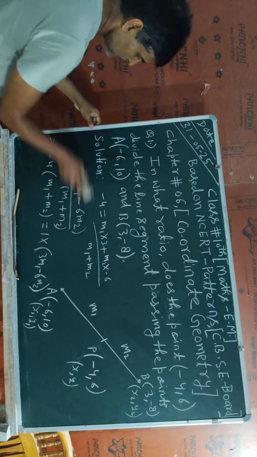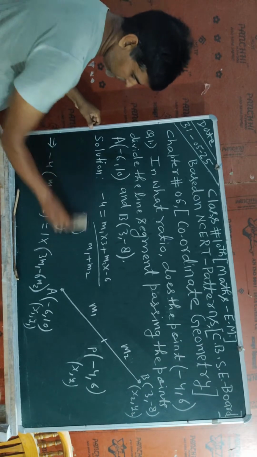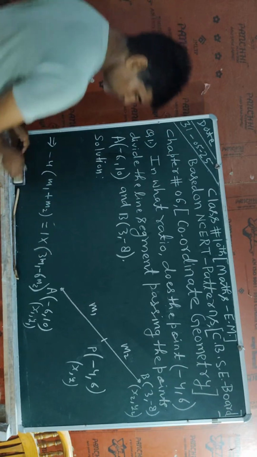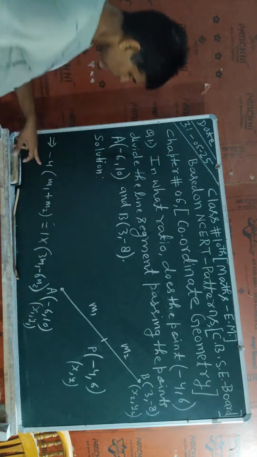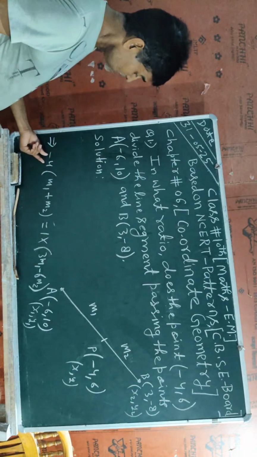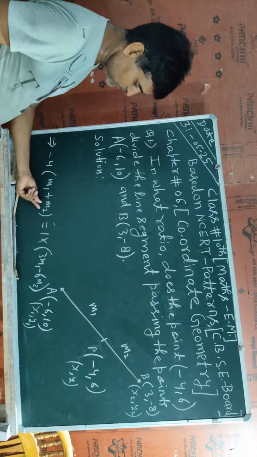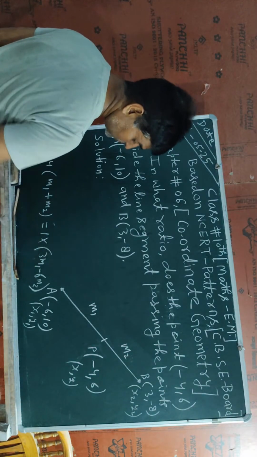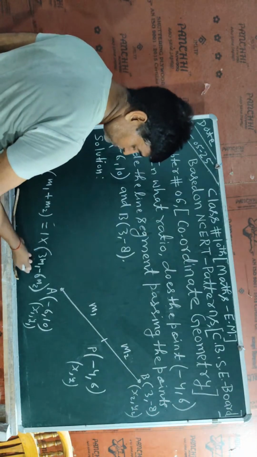Now the table I will erase for further calculation. Okay, student. Now concentrate here properly for understanding it. Now this minus 4 I will multiply with m1, and also this minus 4 I will multiply with m2. Similarly, 1 is multiplied with this one, 1 is multiplied with this one. There will be no change.